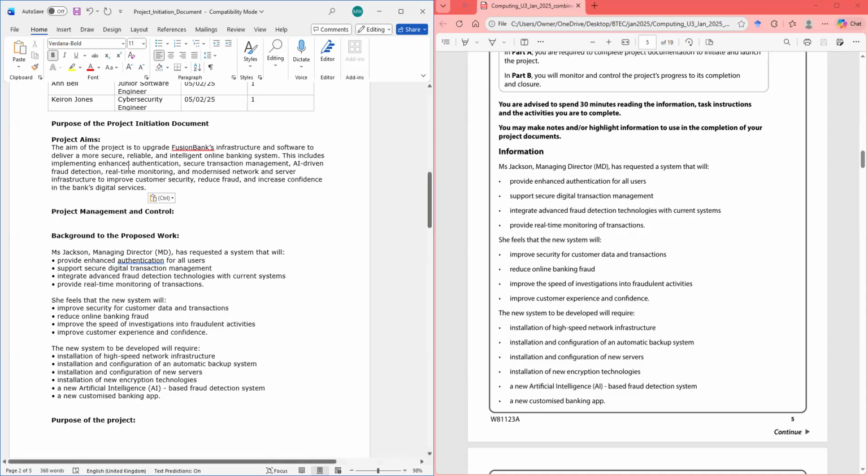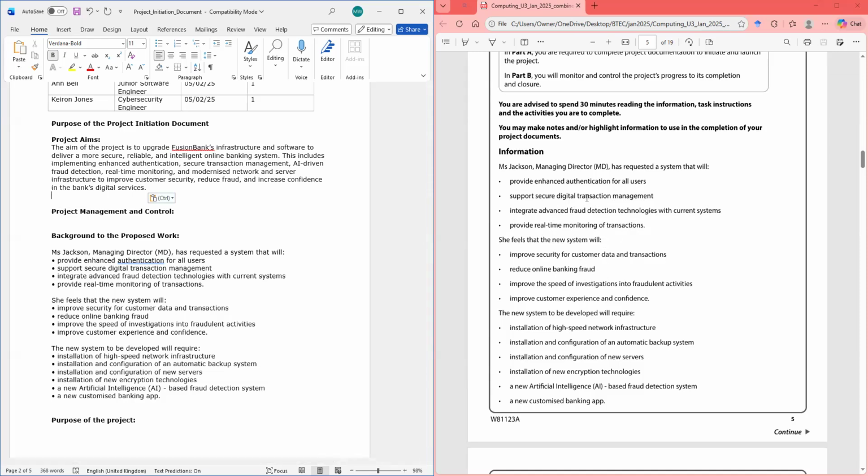This includes implementing and enhancing authentication, which is what we're doing here, secure transaction, which is secure digital transaction, integrate advanced fraud detection system. All right.